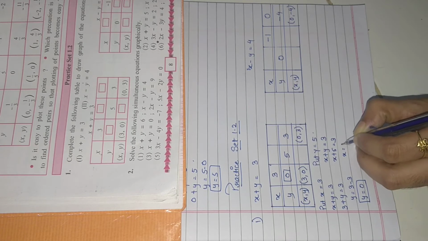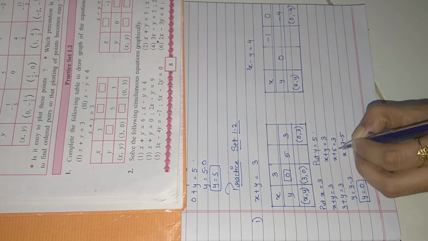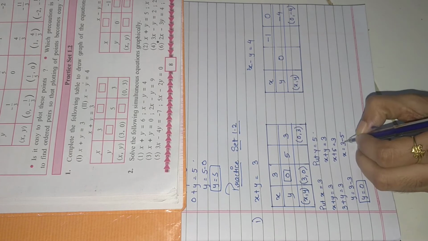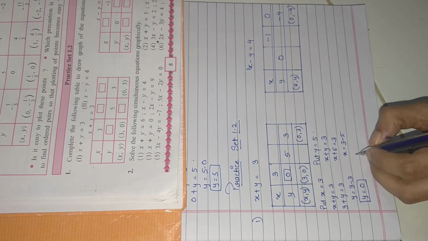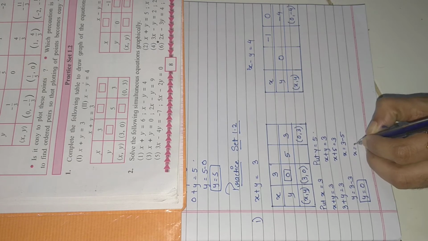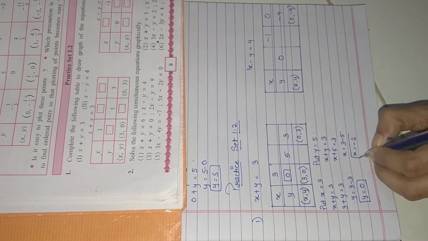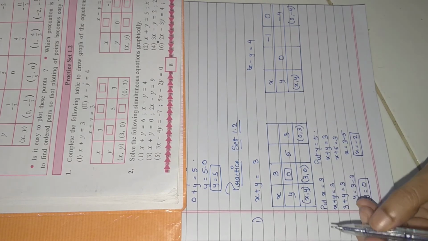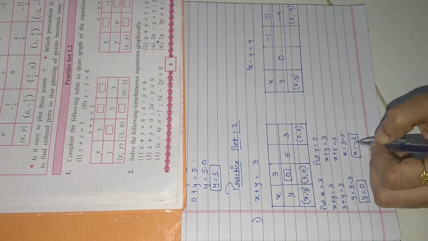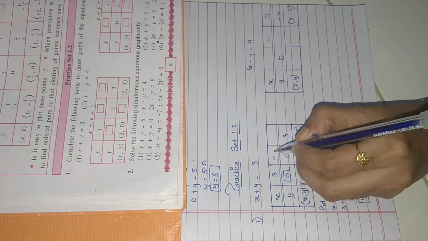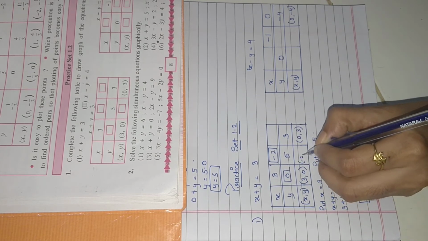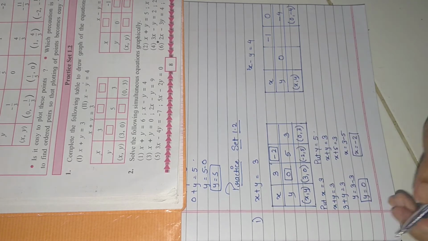So x is equal to 3 minus 5. This plus 5 will go on the right hand side and become negative. So 3 minus 5. What is 3 minus 5? Yes, minus 2. Clear? So what you will write here is, you got the value of x as minus 2. So this is your box and your coordinate is minus 2 and 5.